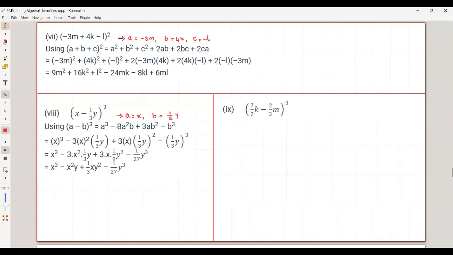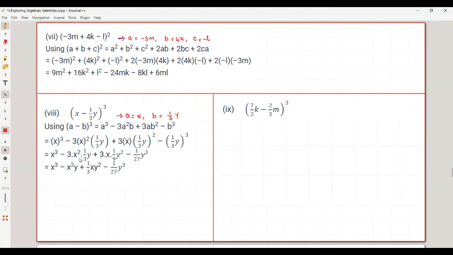So we can replace: a cube means x cube, minus 3 a square b, plus 3ab square, minus b cube. Expanding: x cube is x cube; minus 3 times x square times 1 by 3 y; 3 times 1 by 3 the whole square, 3 square is 9, so 1 by 9 y square; minus 1 by 3 cube is 1 by 27 y cube.